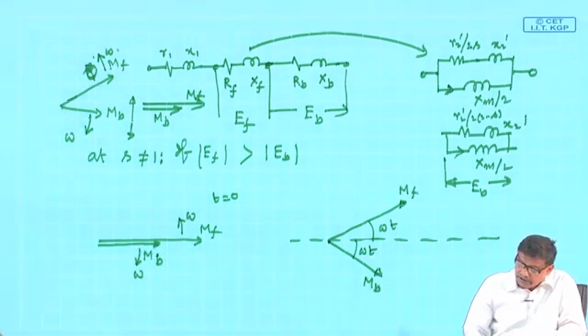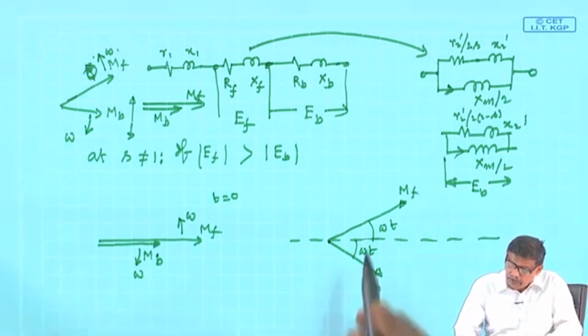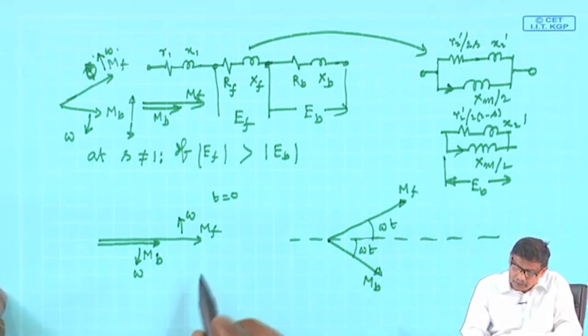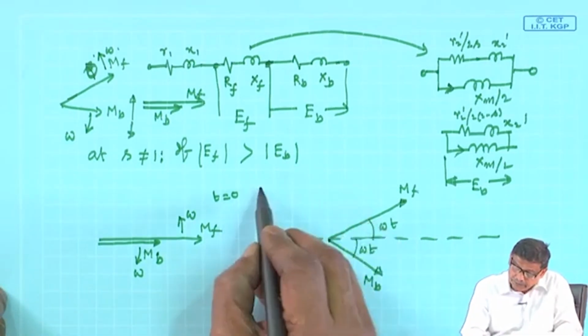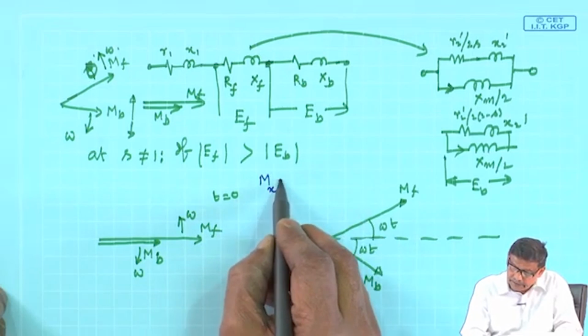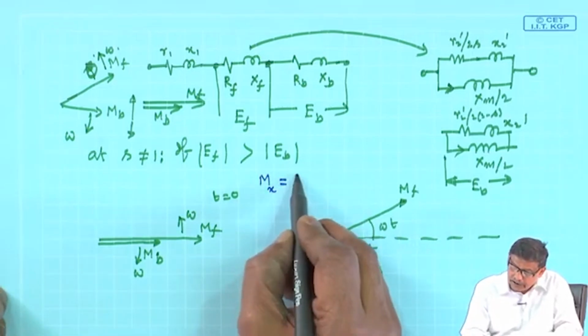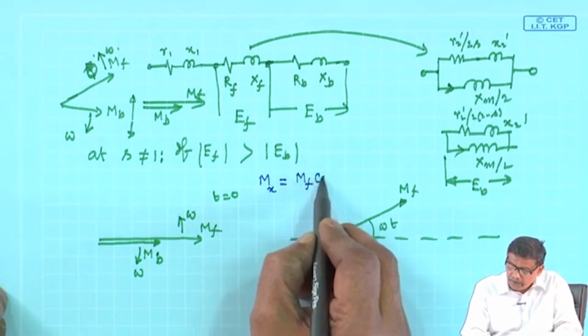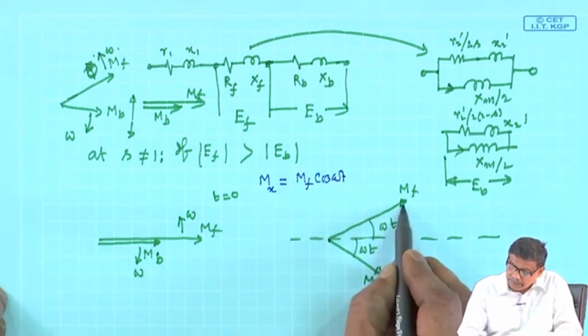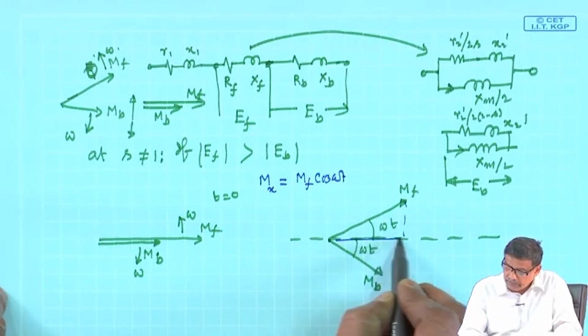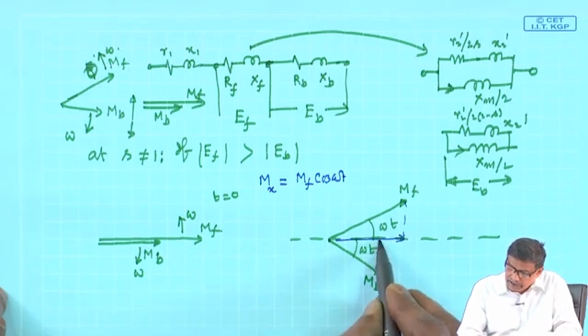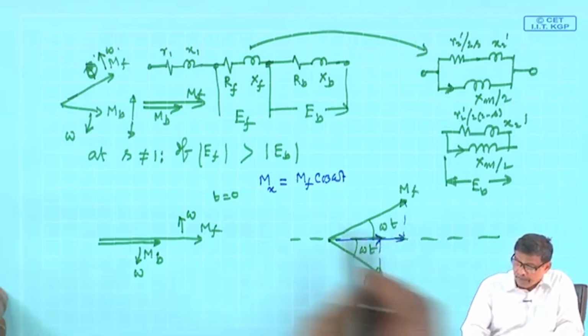Now, to find out the locus of the resultant field, what we will do is this, we will find out the x component of the resultant field. M x will be nothing but M f cos omega t, that is this projection, plus M b cos omega t.